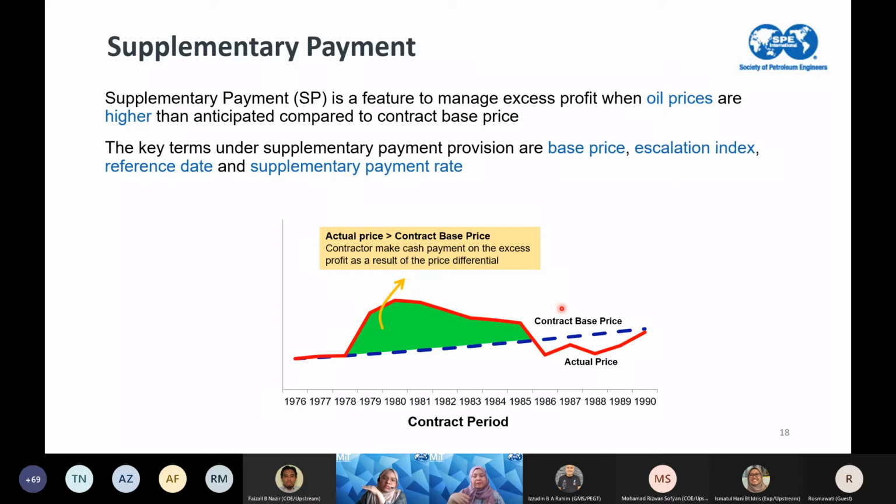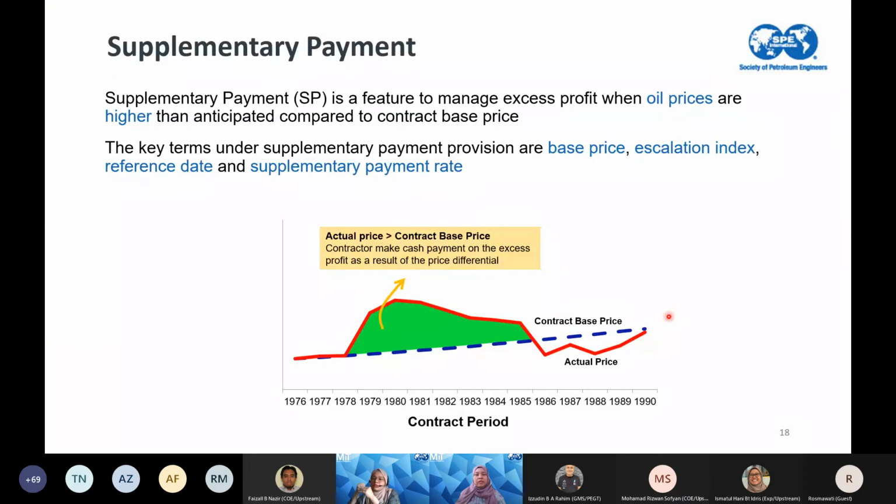So all the fiscal terms were set up according to, say, a $20, $30, $40 oil scenario. And then what happened towards the end of the decade, oil prices were $110. It's not because of the project, it's because the global oil market demand and supply had a shock, so oil prices went up.